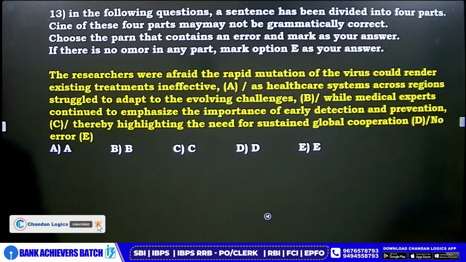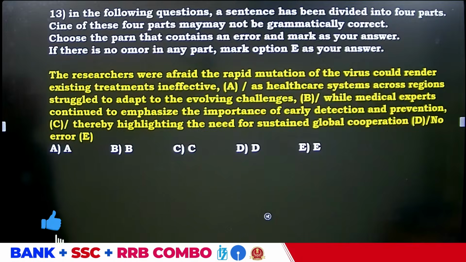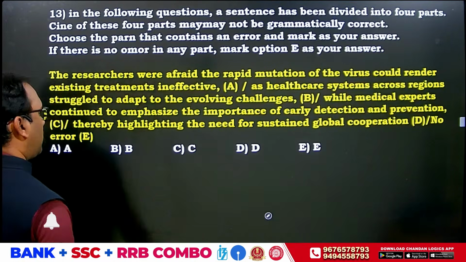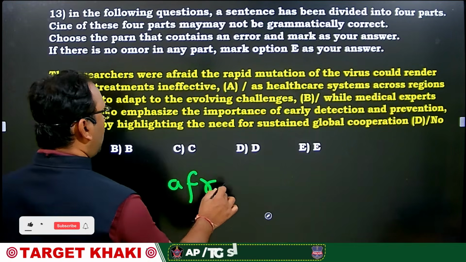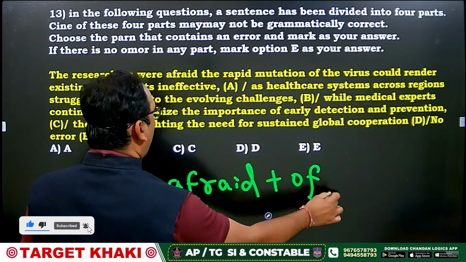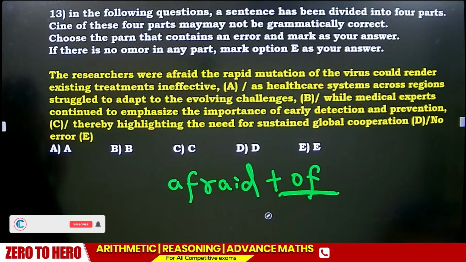Question number 13. The researchers were afraid the rapid mutation. Here itself, the answer is simple. I don't want to waste your time. Afraid. What is the meaning of afraid? Everybody knows, right? But whenever we use afraid, there must be a fixed preposition, of.